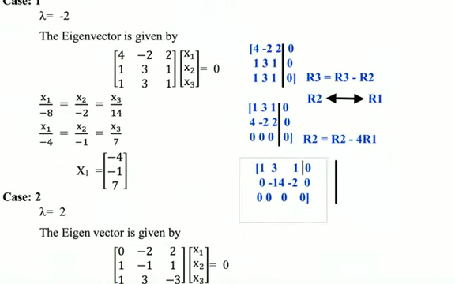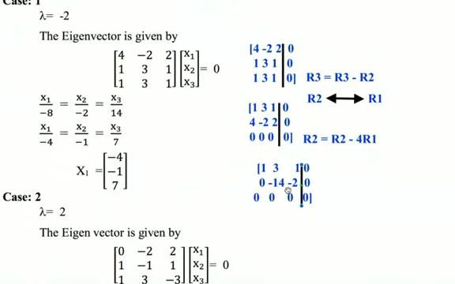I need to do it cautiously, otherwise it is taking too much time. Fair enough. Keeping this here, this is your row echelon form.